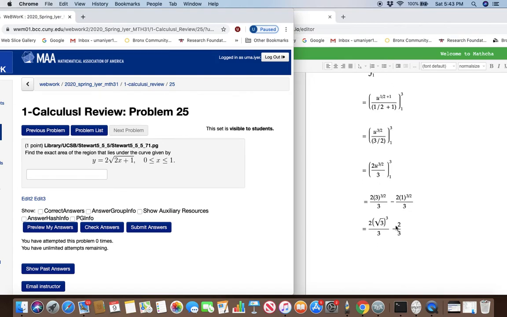Now substitute at the higher limit first, minus, substitute at the lower limit. 1 to the power anything is 1, so that is doing nothing. But this one tells me, take the square root of 3, then power 3. So let's write down this expression.